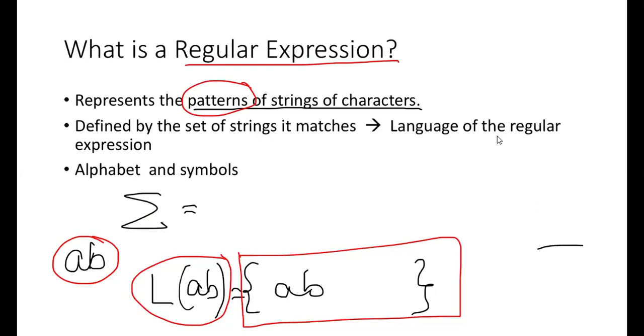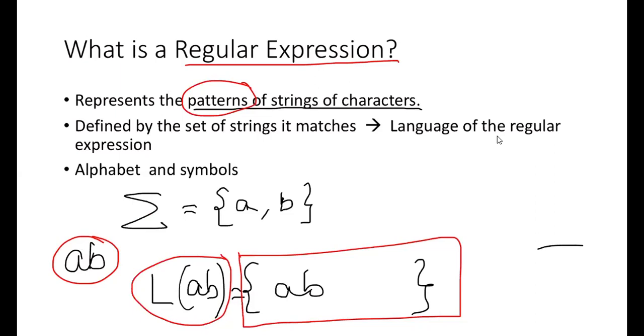Let's say the alphabet of a language consists of the symbols A and B. That means any valid token for that particular language will only consist of the symbols A and B, nothing else. When we talk about a programming language, the character set of that programming language forms the alphabet.